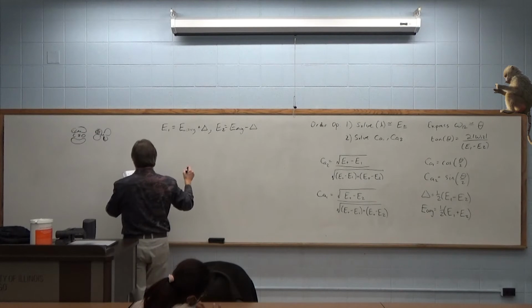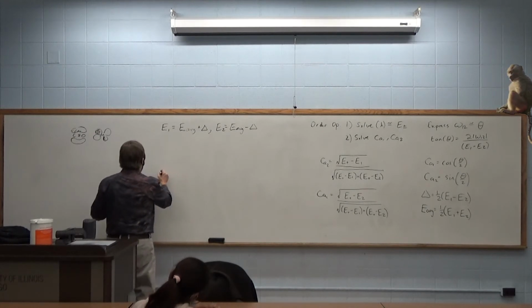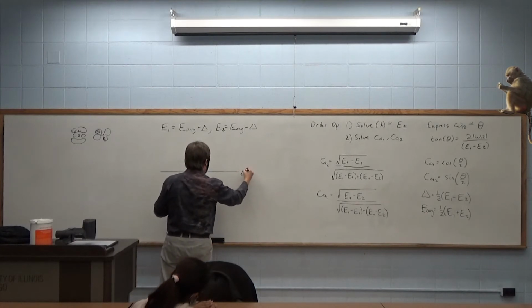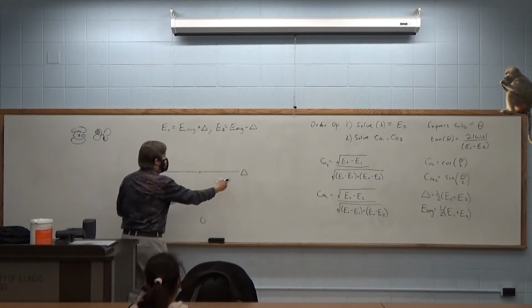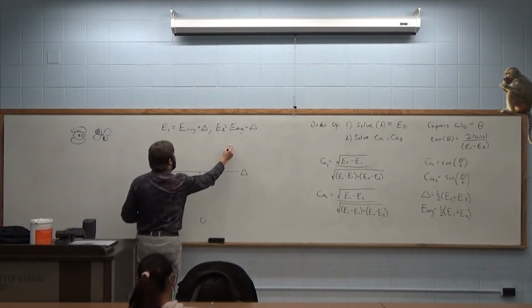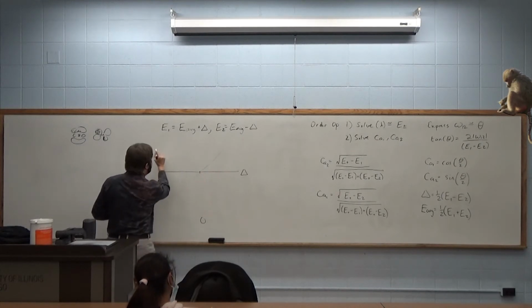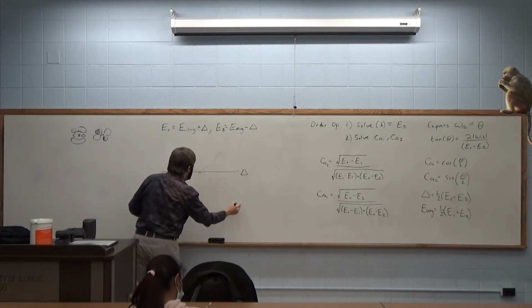I double checked it before class. Okay, so now that I have a little bit more time, hopefully this graph makes a bit more sense. So this is the difference between them, and so I'm going to draw a cross, and that was E1 and this is E2.